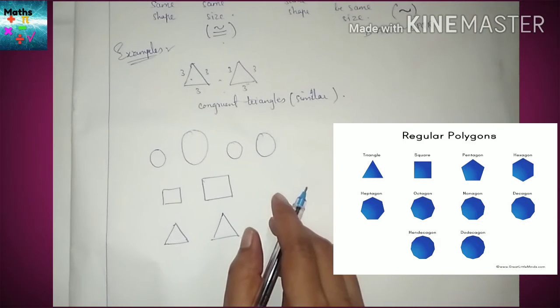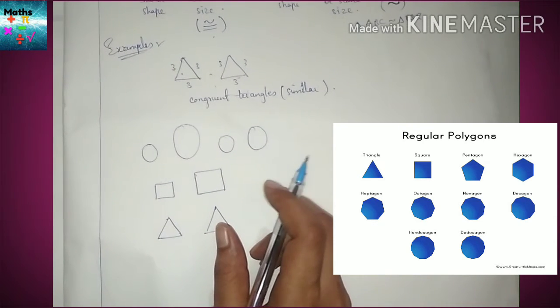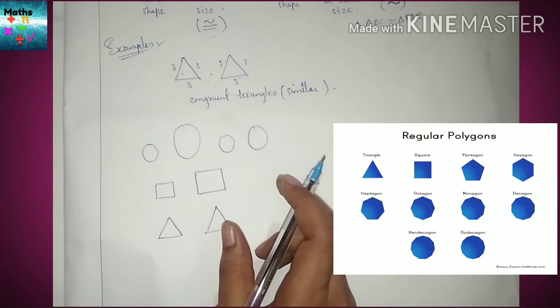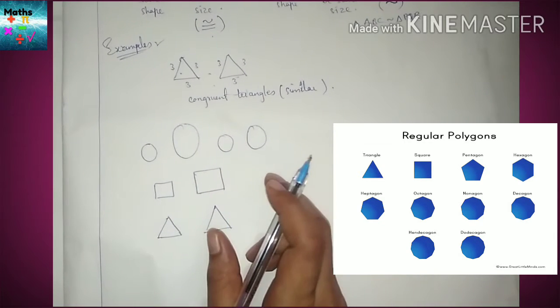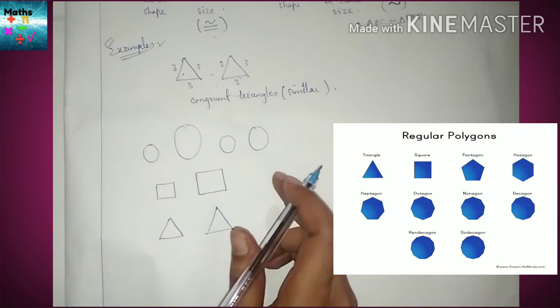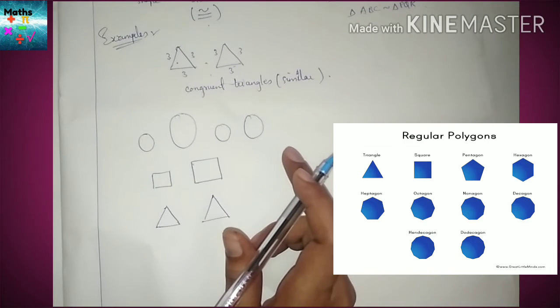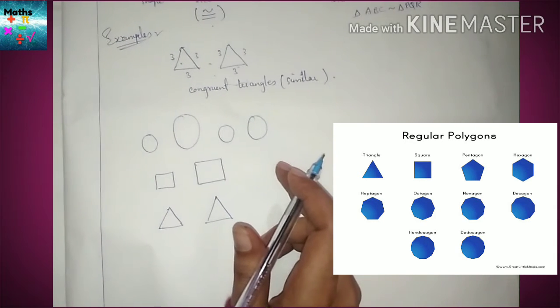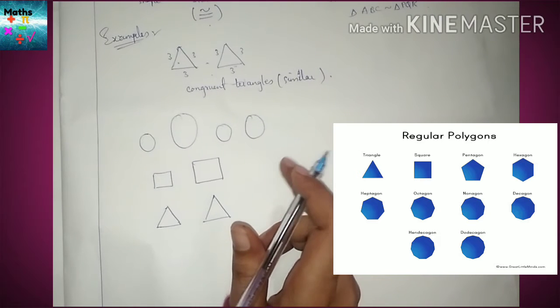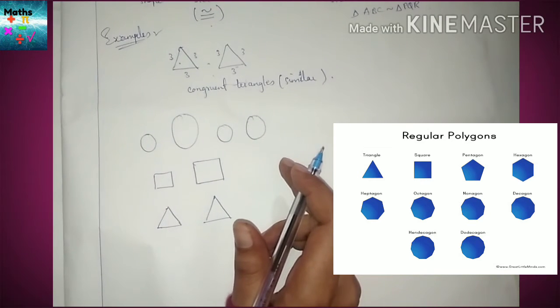Here you can see in this picture, regular polygons are nothing but figures formed by straight lines. Regular polygon means the sides and angles of the figure are equal.